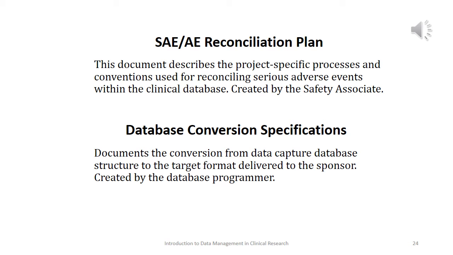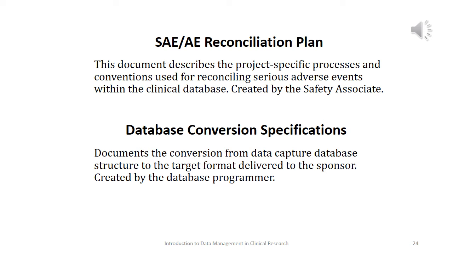And so the safety database contains serious adverse event data. Throughout the trial, we want to do a reconciliation so that we know that the same terminology we're using in our safety database is also being deployed in our normal clinical database. We don't want one event that shows up in the clinical database that does not show up in the safety database.